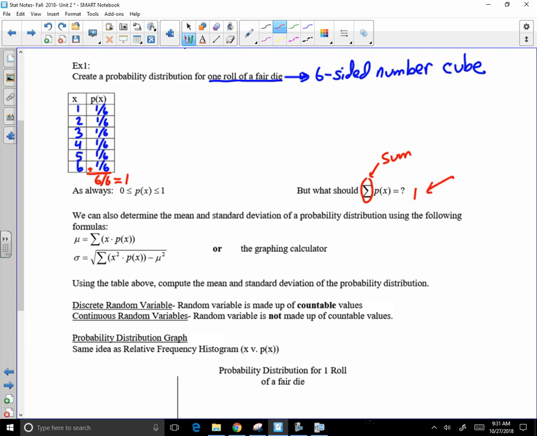And the reason why is it accounts for 100% of the outcomes. Because remember, we work in decimal form for probabilities, but they do have equivalent percentages. We say 0.5, the rest of the world says 50%. So when I say 1, the rest of the world says 100%. Right?